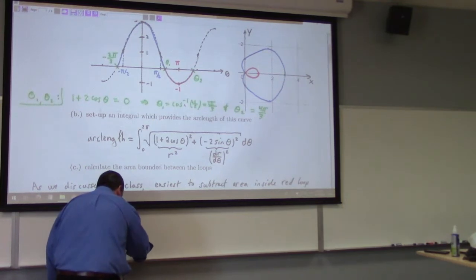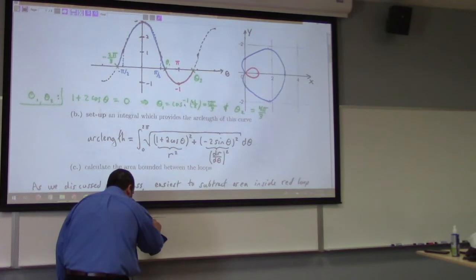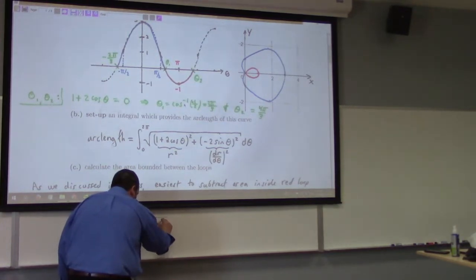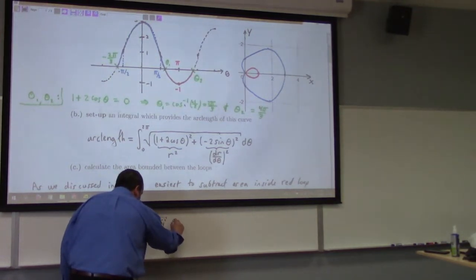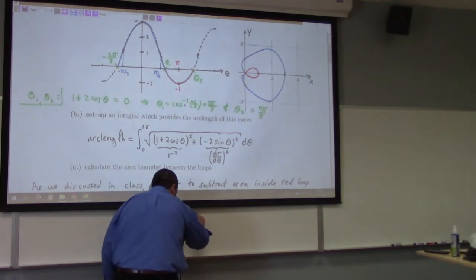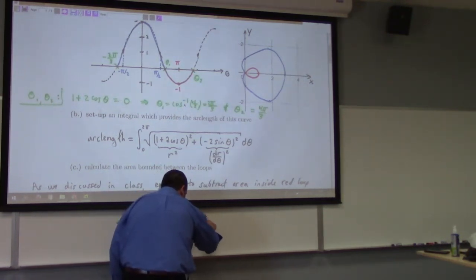So it's the integral over the parameter domain, say t1 to t2, of the square root of x dot squared plus y dot squared dt, where x dot is dx/dt and y dot is dy/dt.